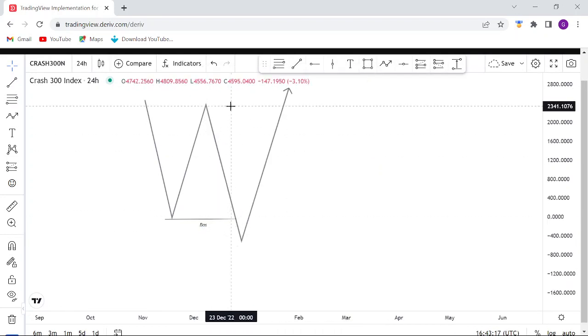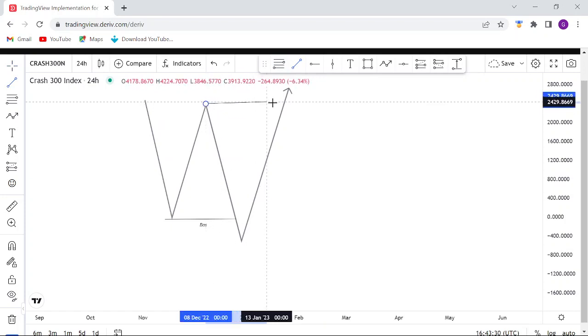Then after a break of structure, what do you expect? You expect to see a sell from this side. The market should respect an order block here, then sell. But instead, the market broke this high and it becomes a change of character.